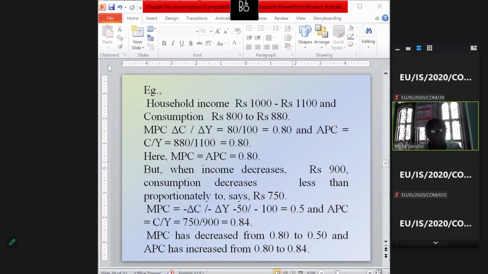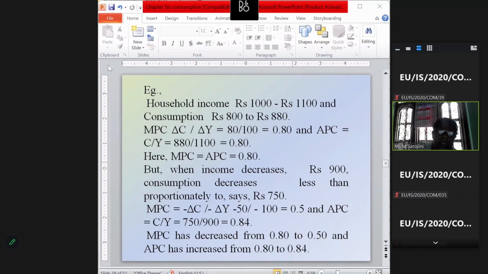On the other hand, we have to check what happens to consumption when income decreases. Here, when income decreases from 1,000 to 900, consumption also decreases less than proportionately.